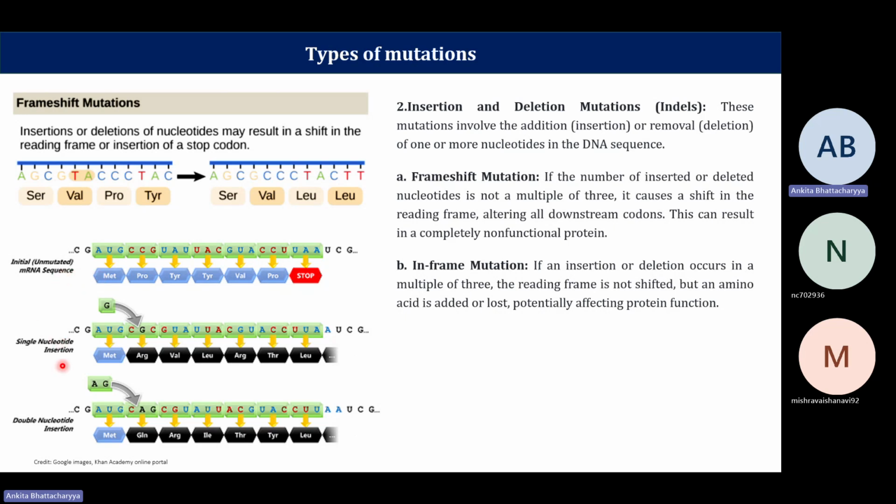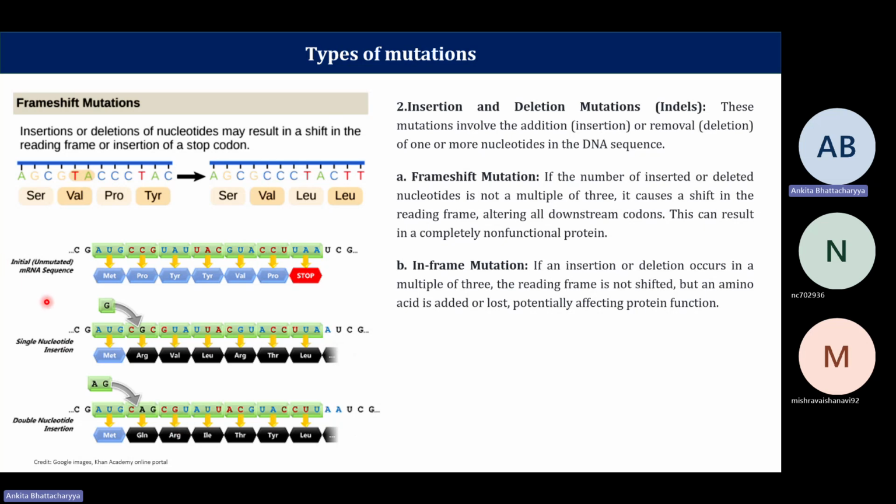If there is a single nucleotide insertion, between C and C it is inserting a G nucleotide, then it is going to completely shift the frame, as a result of which you will now have completely different amino acids encoded right after methionine. If there's a double nucleotide insertion, that is going to lead to another shift in frame.